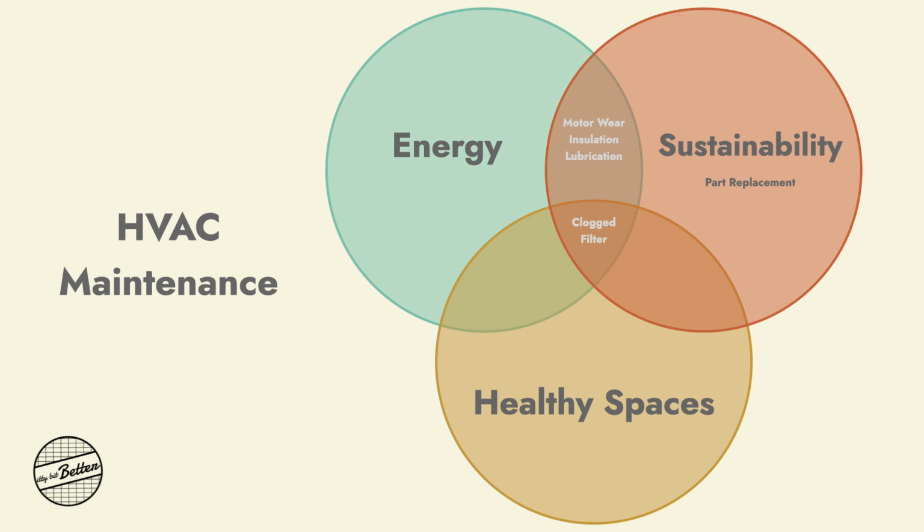Insulation on the pipes on the roof are starting to wear and tear due to the sun. Just the parts inside aren't well oiled anymore. Your system is working harder, and therefore it's using more energy to cool the space. And so, thus, using more energy, more carbon emissions.